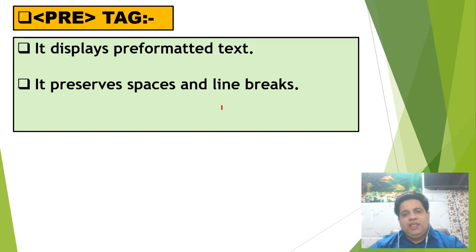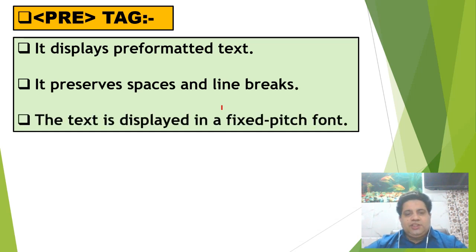Whatever spaces and line breaks you give, it preserves them and shows the result as you have typed it. Now the text is displayed in a fixed pitch font, which is one type of font.